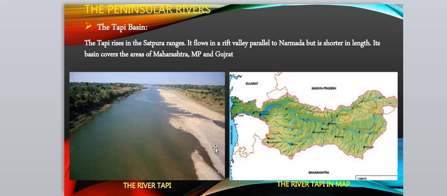Next river is river Tapi. So it is the river which rises from the Satpura ranges, and it originates basically from Multai in Madhya Pradesh. Okay, it is shorter than Narmada, yes, because the total length of this river is just around 724 kilometers.